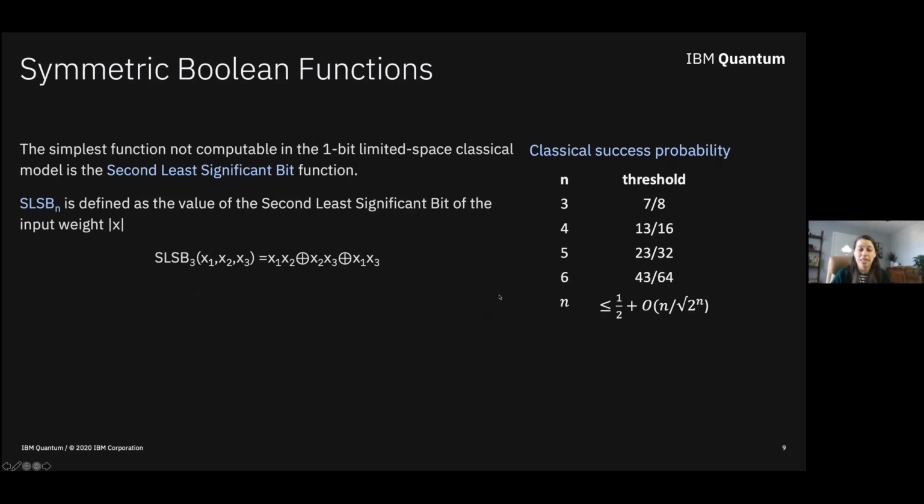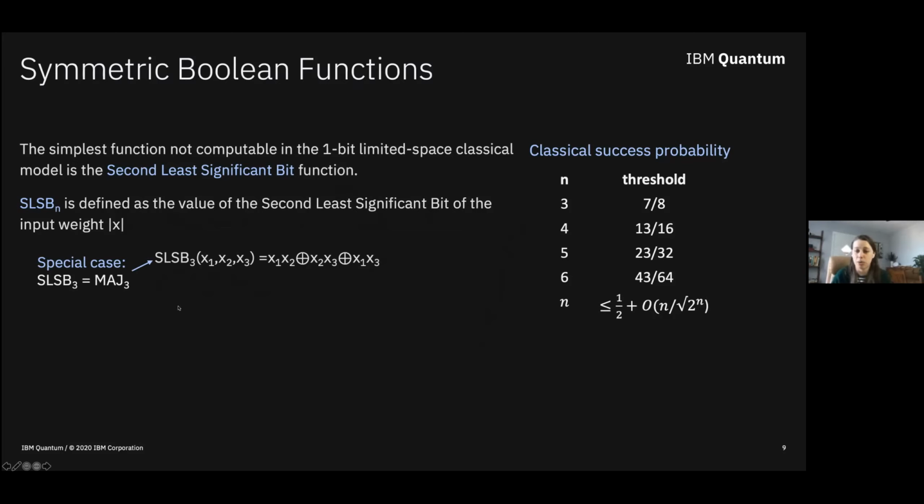So the simplest function to look at in this class is the second least significant bit function, which is just like it sounds. It's defined as the value of the second least significant bit of the input weight. And a special case of this function is SLSB3, where there are 3 input bits.